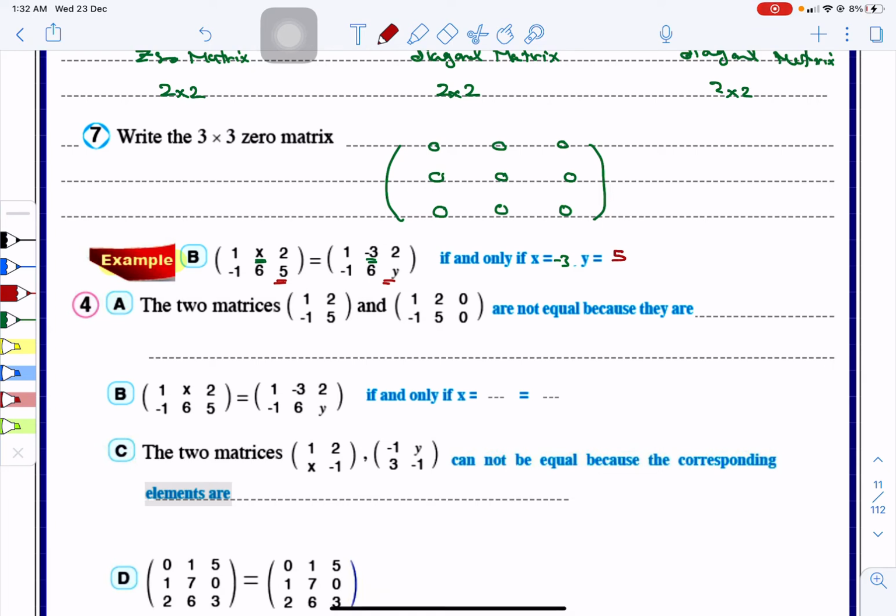The two matrices 1 2 negative 1 5 and 1 2 0 negative 1 5 0 are not equal because they are not equal in order.